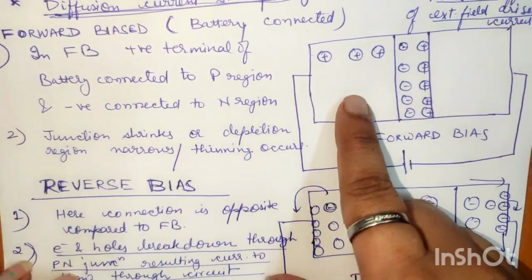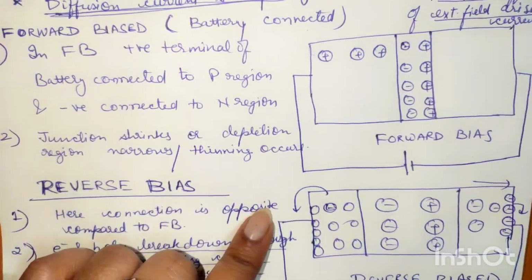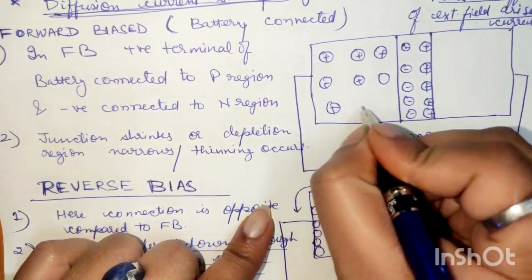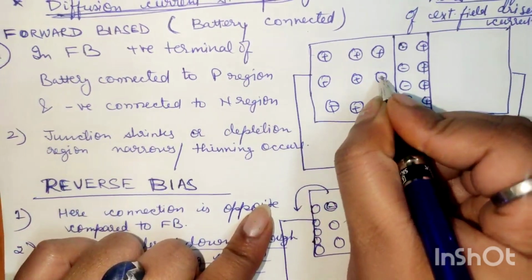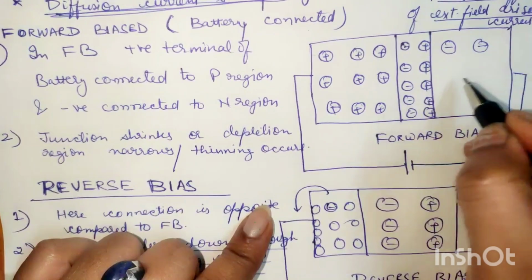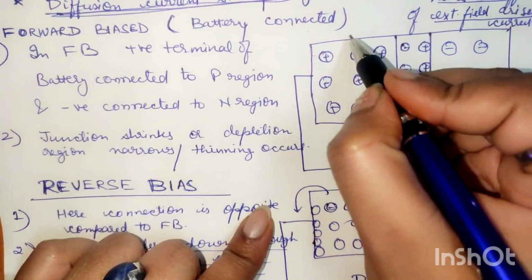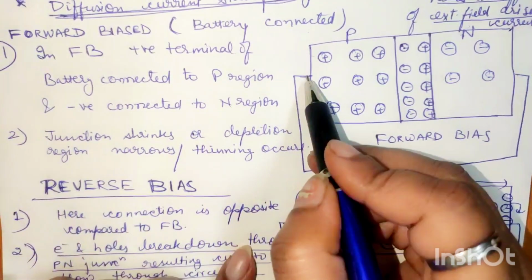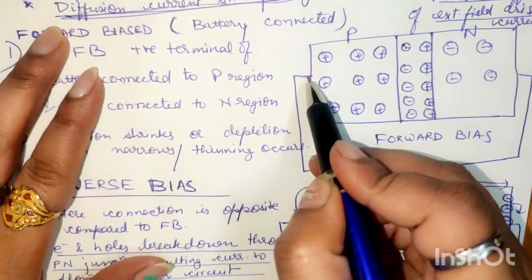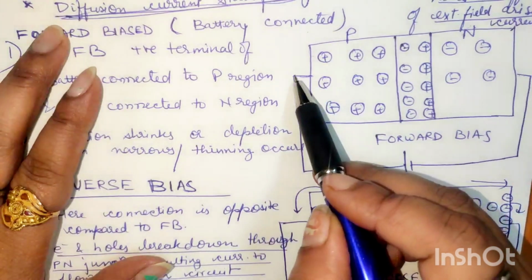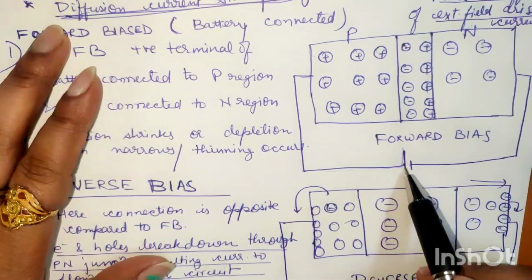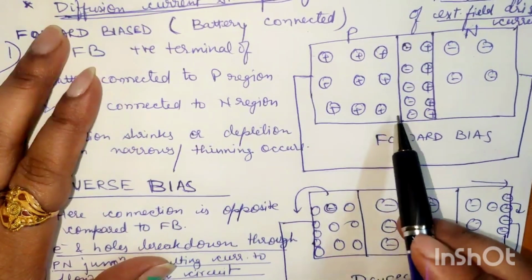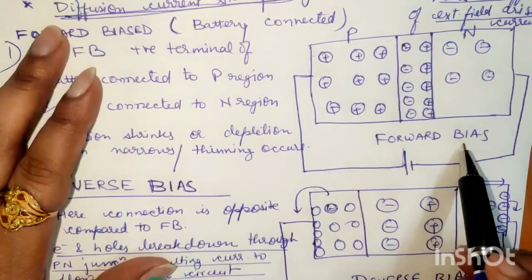At the left hand side, we all know we have holes, but at the N side we all know that we have electrons in this junction. This is P region and this is N region, and the forward bias condition arises when we connect the P region to the positive side of the battery and the N region to the negative side of the battery. So this condition is known as forward bias.